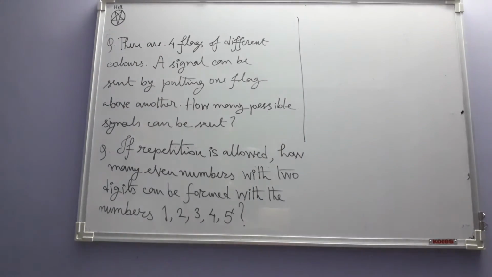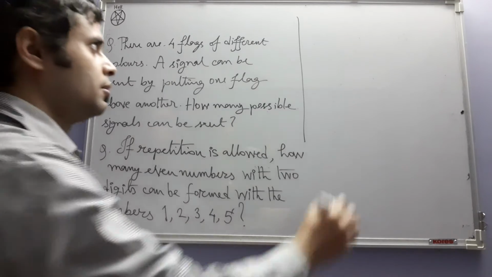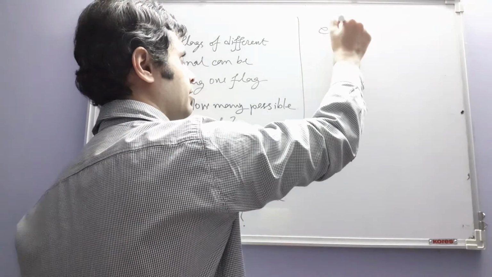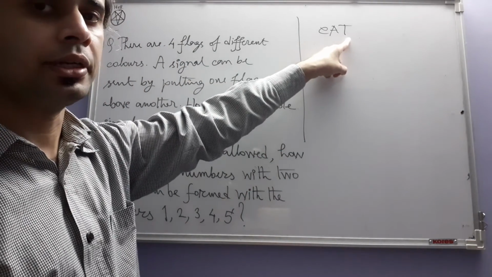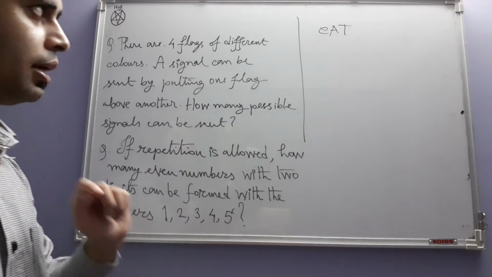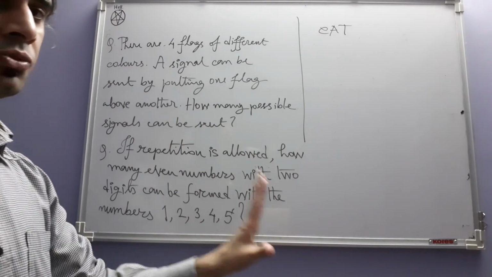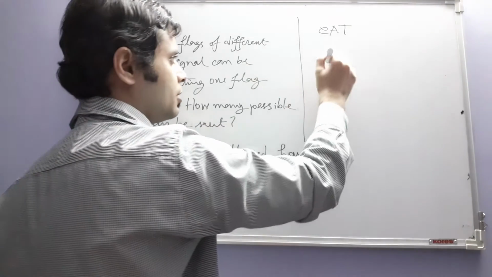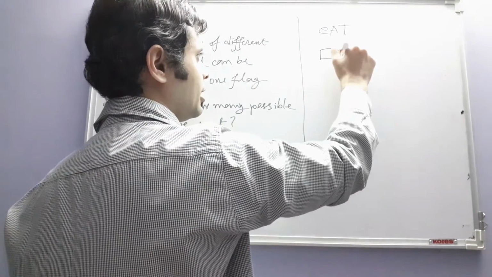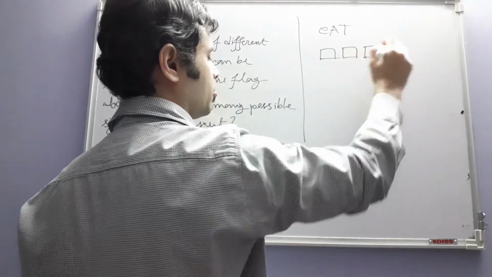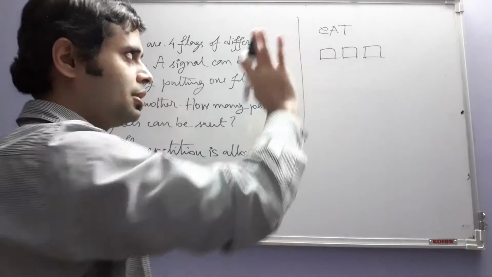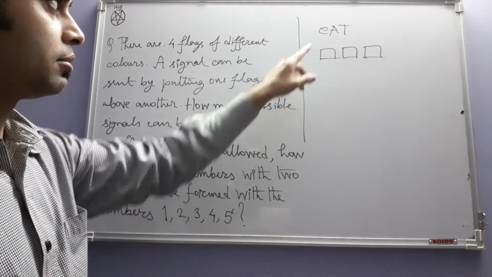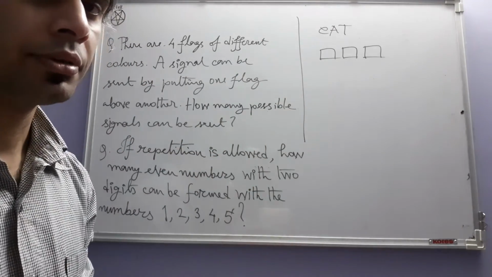You see, the case where we considered CAT, there the objects were distinct, right? Now, objects were distinct, that is fine. But if we are told something like this, that you can fill in these boxes using these letters, but repetition is allowed.